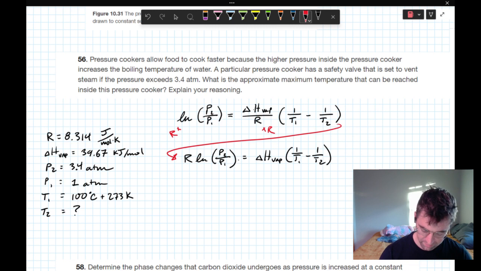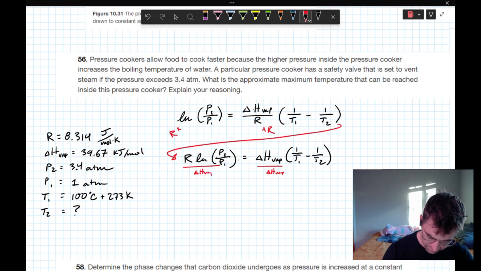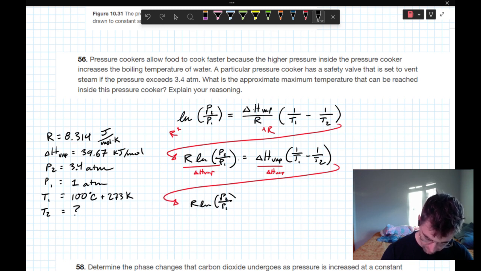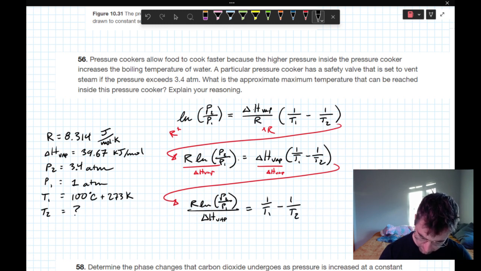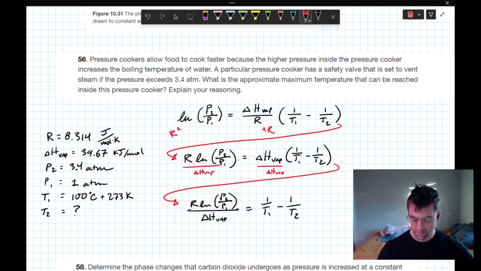Now, divide both sides by the enthalpy of vaporization. We're trying to get T2 by itself.